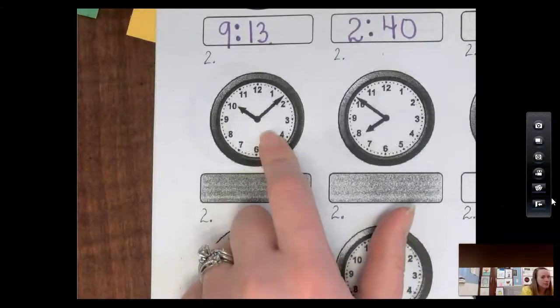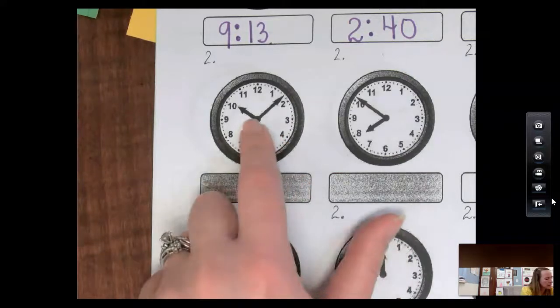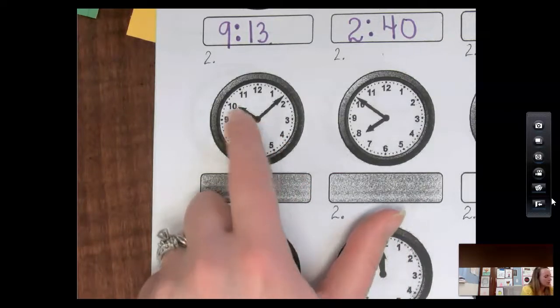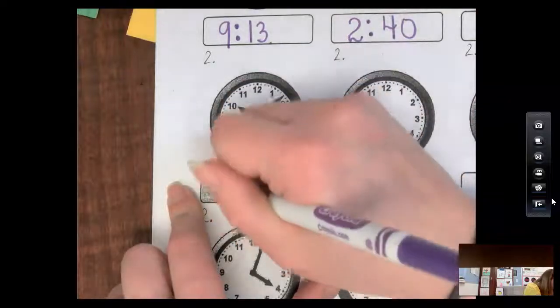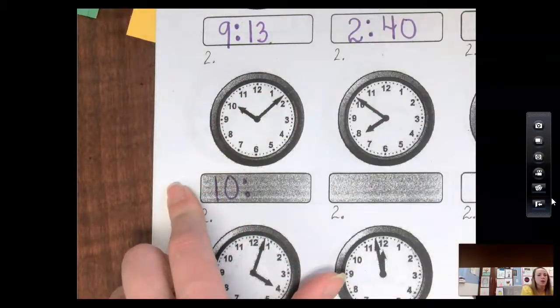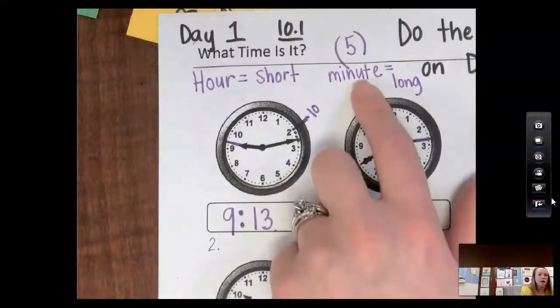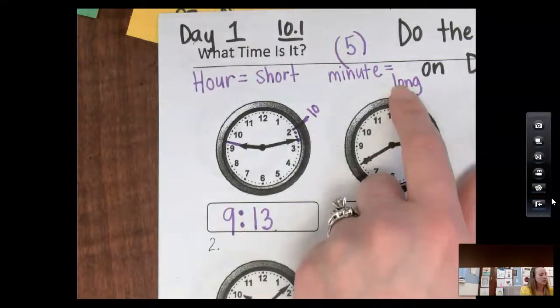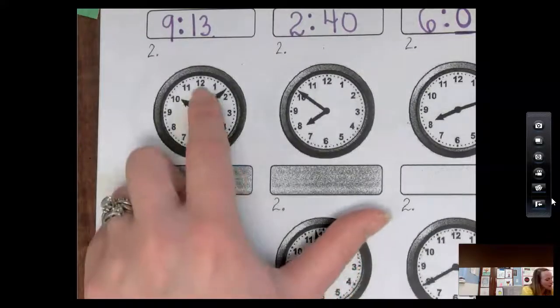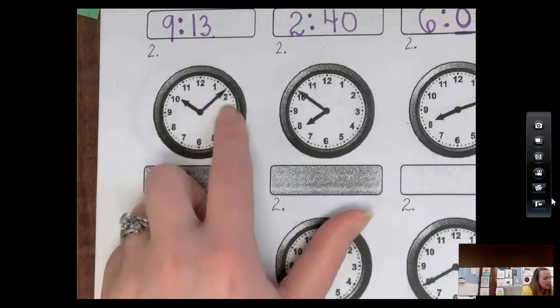All right, kiddos, let's look at the next one. What's our hour hand? Our hour hand is always the shorthand. So my shorthand is right at that 10. So it is 10. And then write your colon. And then for our minute hand, we need to count by fives, and it's always the longest hand. So let's count by fives. I can go 5. Can I go 10?